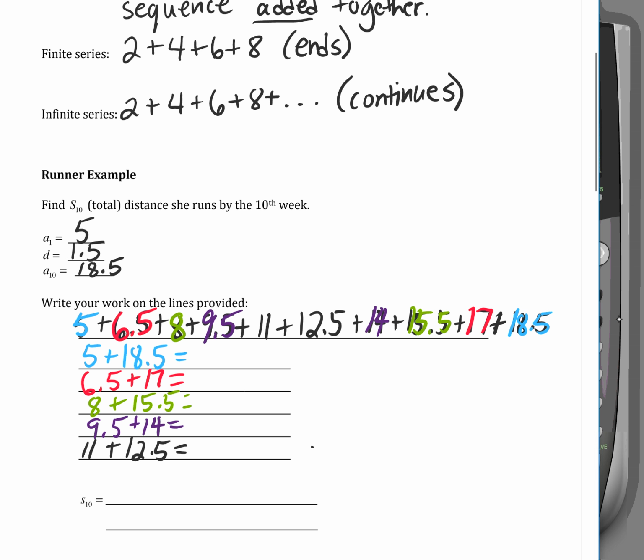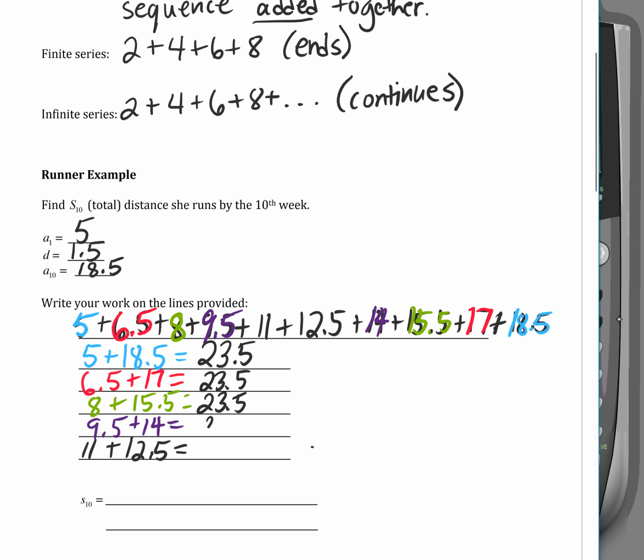So take a minute and add up each of those sets of numbers and see what you get. You should get 23.5 for each of them. The same number.